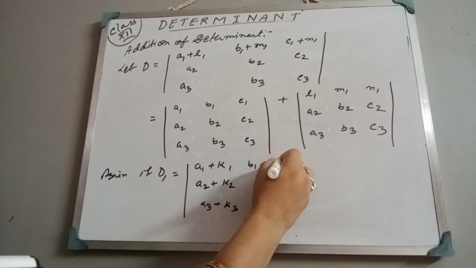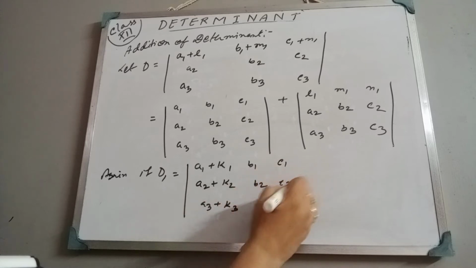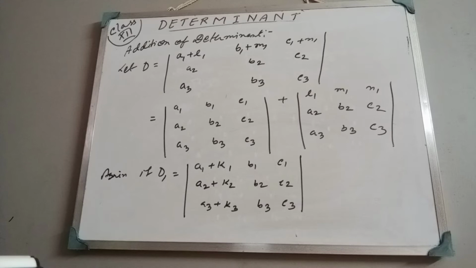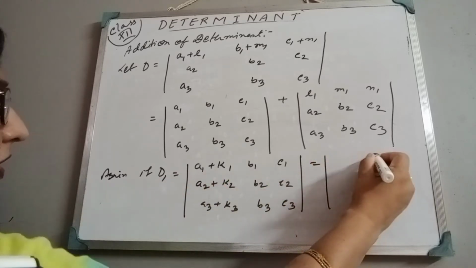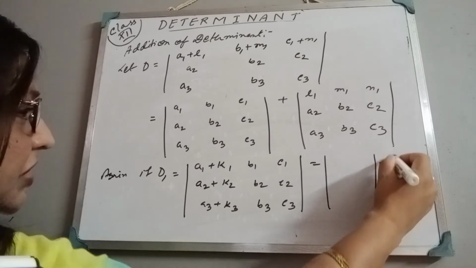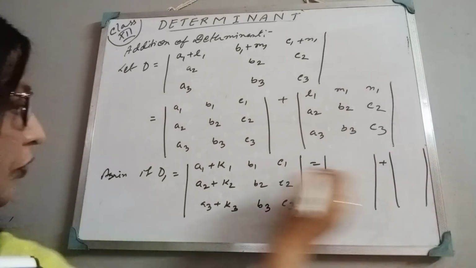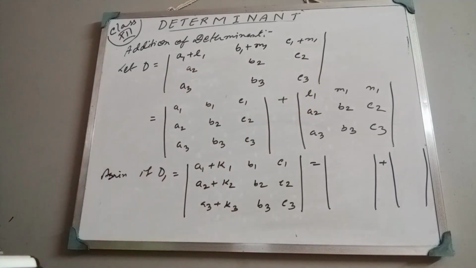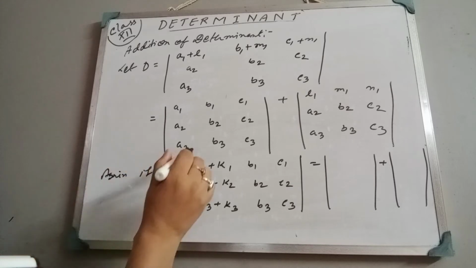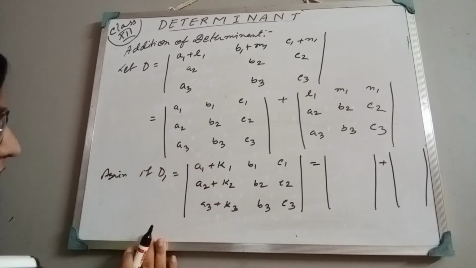Next it is B1, C1, B2, C2, B3, C3. Now D1 can again be split into two determinants in this way. Here only the first column is written as the sum of two terms.